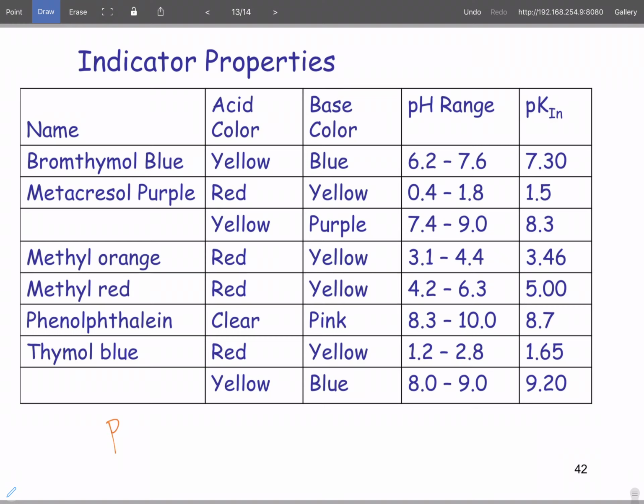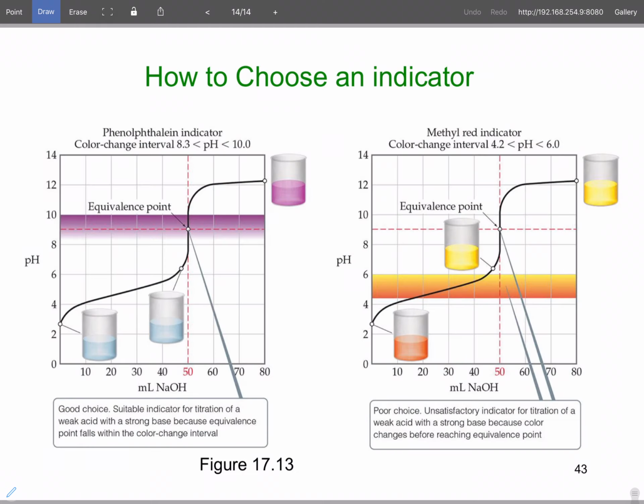So if the pH for the equivalence point is about 4, then you would want to use methyl orange. If it's very strong and you have a huge range, then you can get away with things like phenolphthalein, etc. So the bottom line is you'll be given an indicator list when you're asked to titrate.